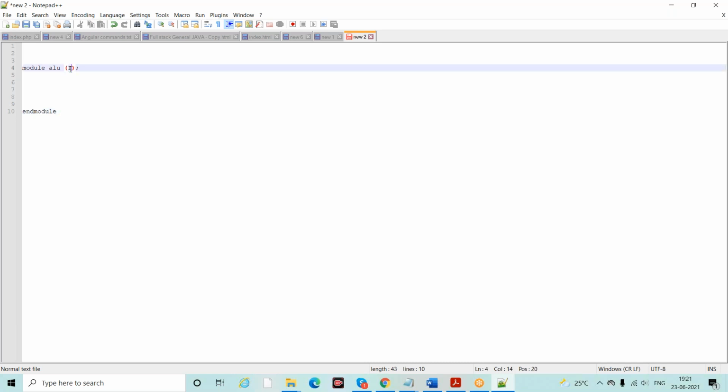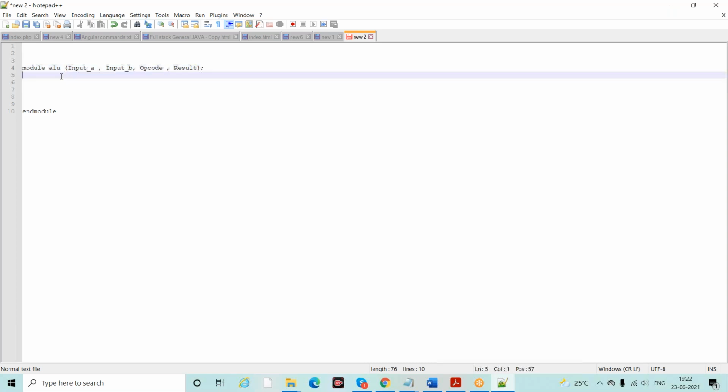So you can use input A, input B, we have an opcode, then finally result.